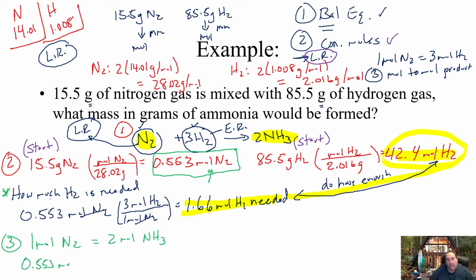0.553 moles of N2. Using the relationship that we just see there, 2 moles of NH3 on top, 1 mole of N2 on the bottom, those are going to cancel, and that will get me 0.553 times 2.